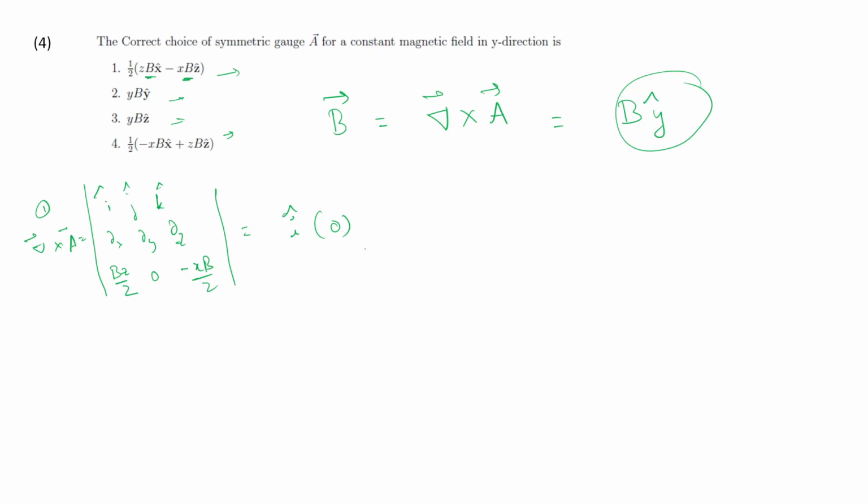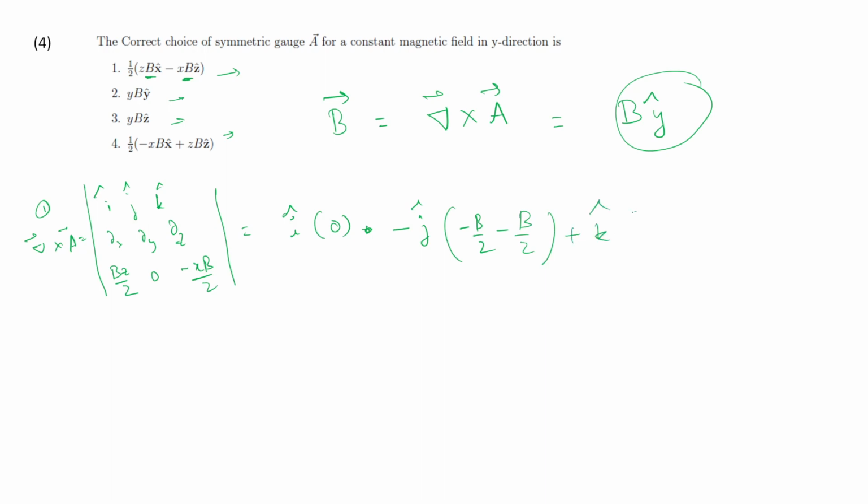For j cap, it is minus j cap, leaving this row and this row: the partial derivative of minus xb by 2 with respect to x is just minus b by 2, minus the partial derivative of bz by 2 with respect to z, which is again b by 2.